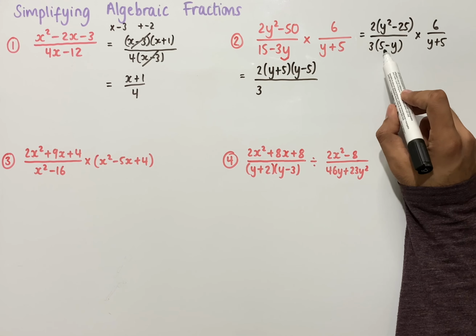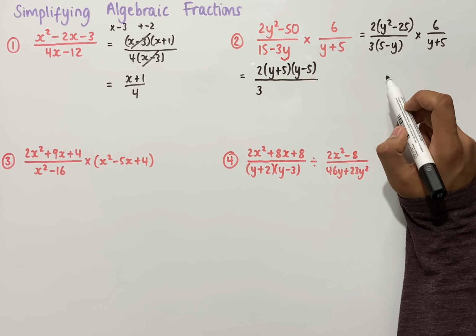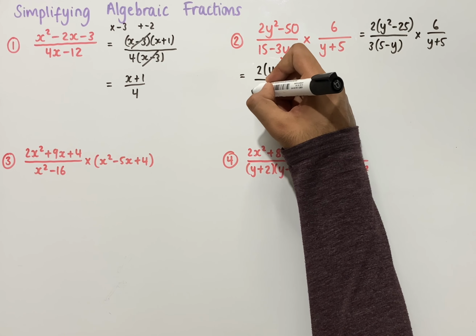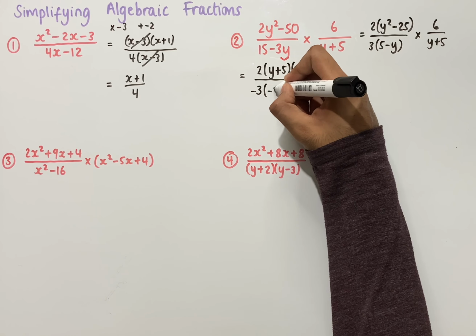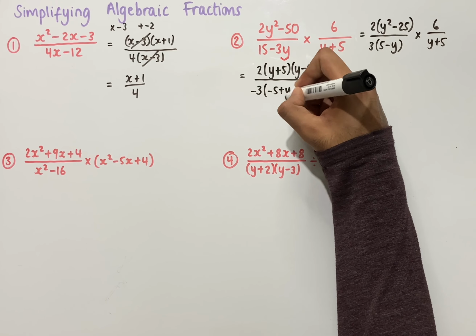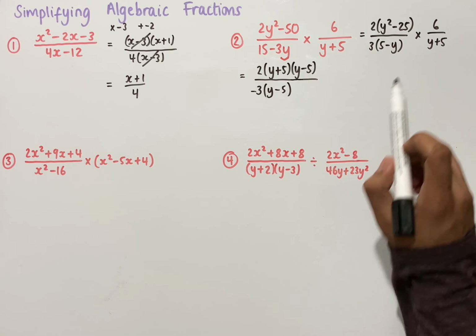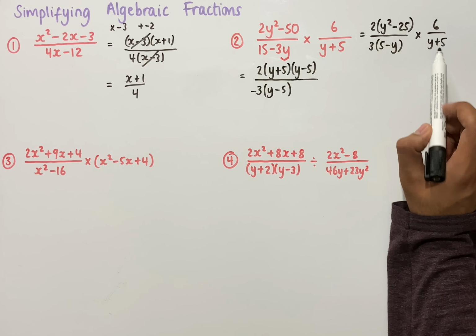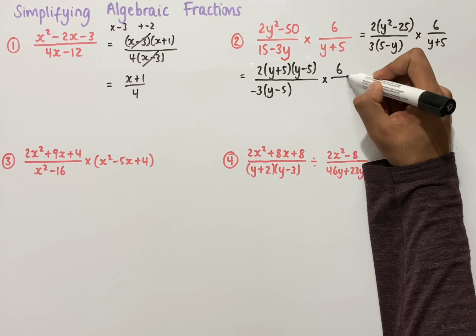And now because we have 5 minus y, if we factorize a minus 1 out, and so writing this as minus 3 now, we would then end up with minus 5 plus y, which is the same as writing y minus 5.